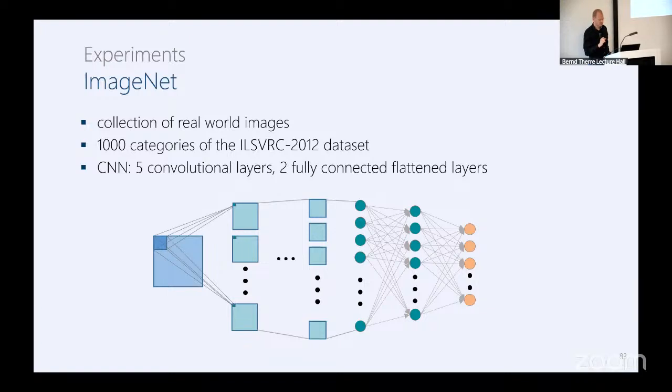We were using VGG12, I think. We took an off-the-shelf convolutional feed-forward neural network because we were not interested in playing the accuracy game. We just wanted to explain what is going on. So we're looking at a convolutional neural network with 5 convolutional layers and 2 fully connected flattened layers.